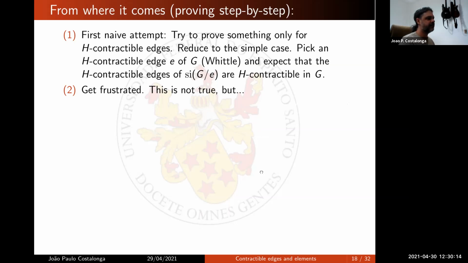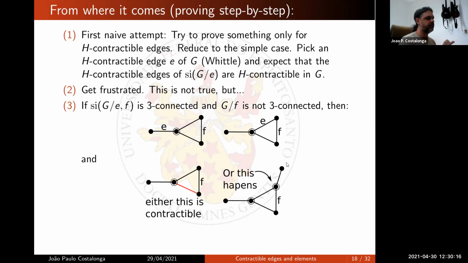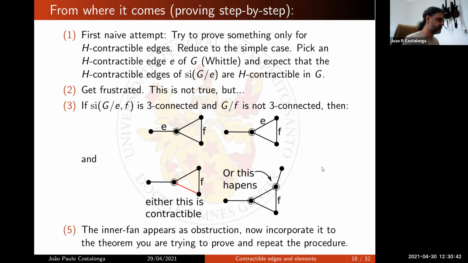And here we have some nice properties: either you have another degree 3 vertex here, or this edge will be contractible. So you cannot pick F, but either a fan will start to appear here, or you can pick this red edge instead of F. This is the first idea when you're trying to prove this theorem.